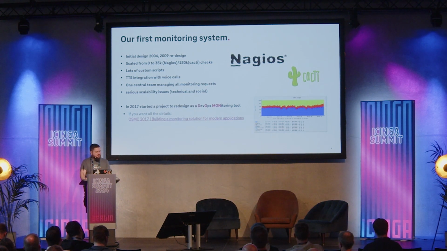And we also had a central team managing all our monitoring requests, which basically was me, and later some other colleagues helping with it. And in the end, we had serious scalability issues, both on the technical side and on the social or personal side too, because a lot of projects demanding a lot of attention. An interesting part on the technical side, the graph you see here is a CPU graph of our monitoring system.